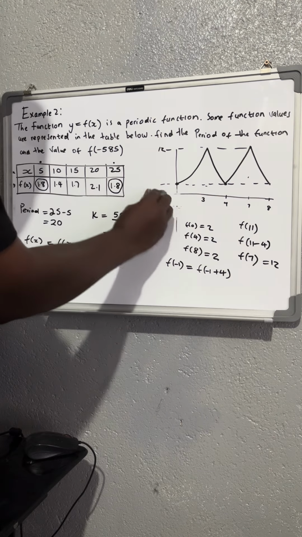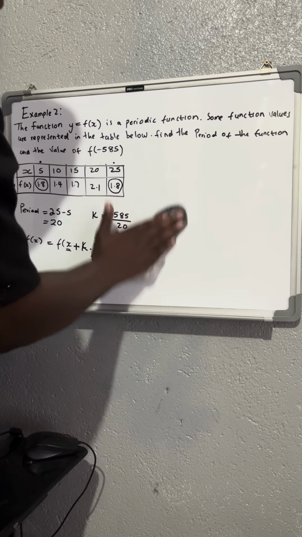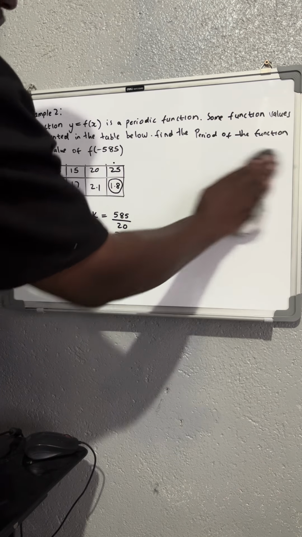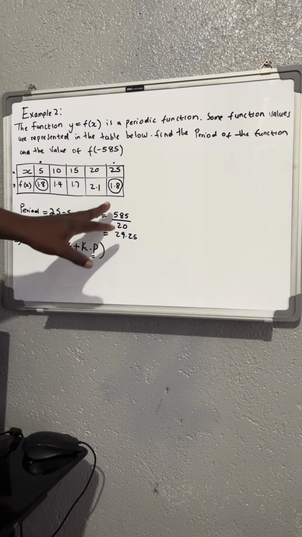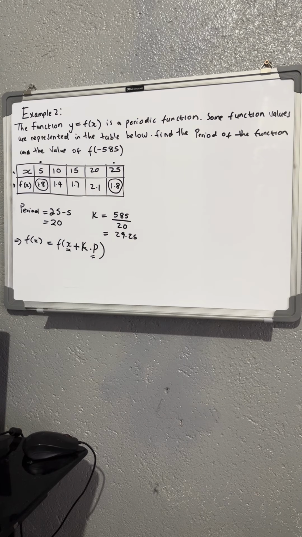I just hope you were able to understand the logic between the two. So we're getting 29.25. When you are doing your division for this one, don't pay much attention to the negative or the positive.